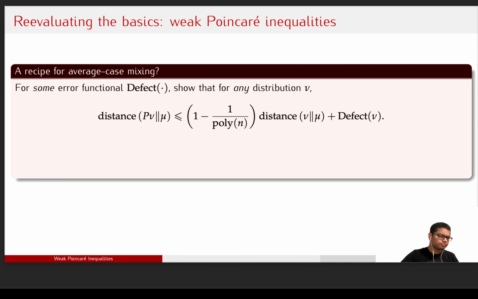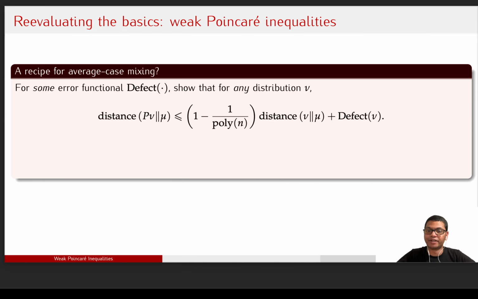Okay, so it turns out that you can achieve this if you can prove the following weaker version of the contraction statement alluded to in the previous slides. So consider a contraction statement of the following form. You're at some arbitrary distribution nu, and you run the Markov chain starting at nu for one step.